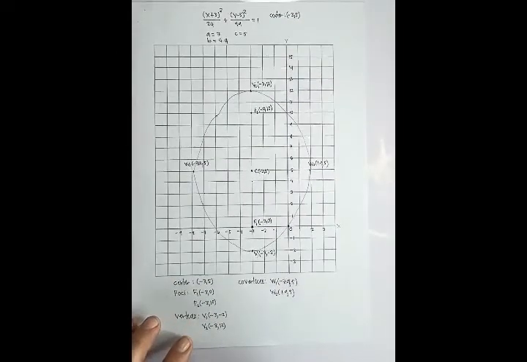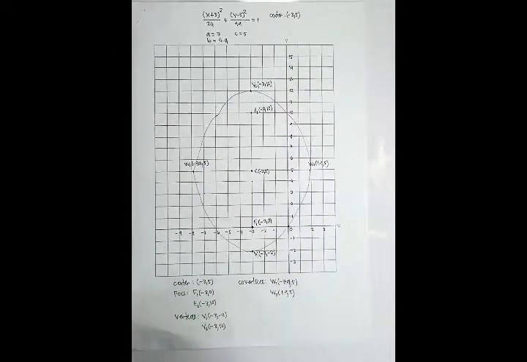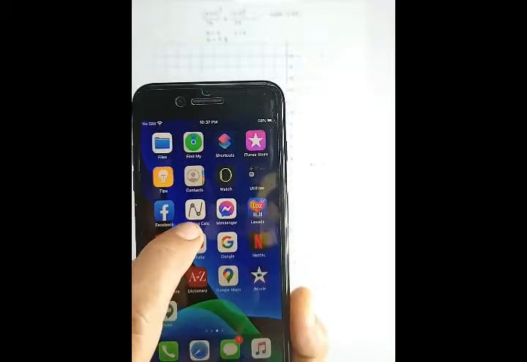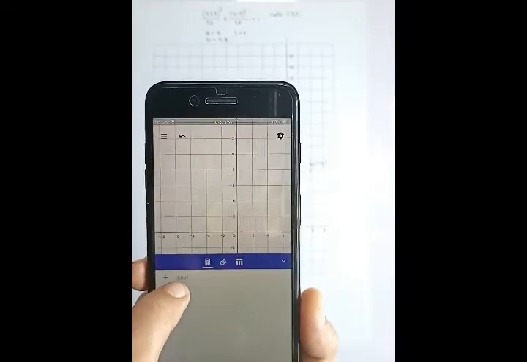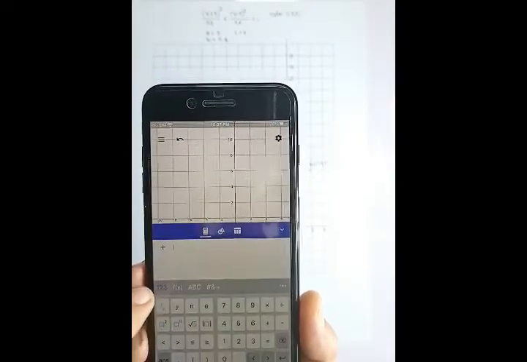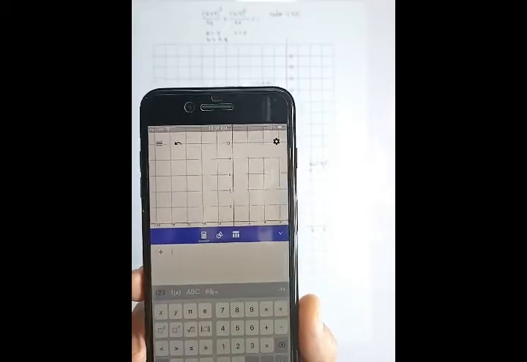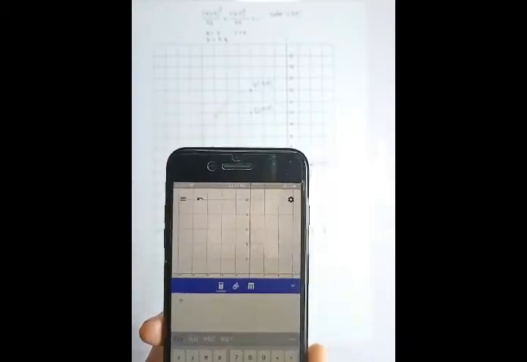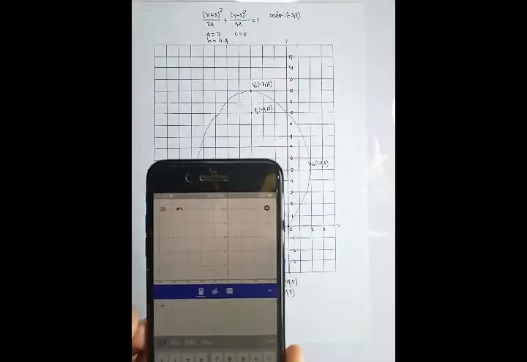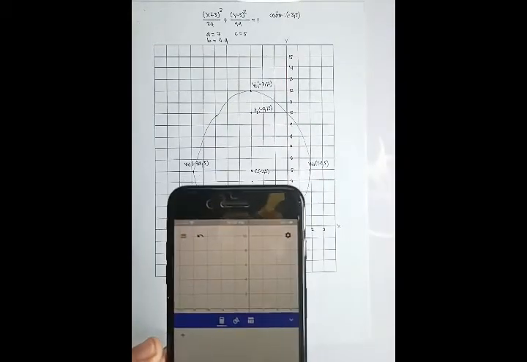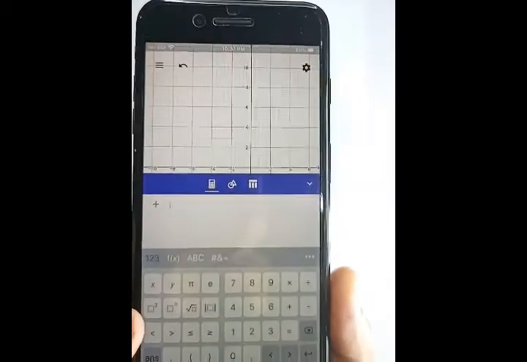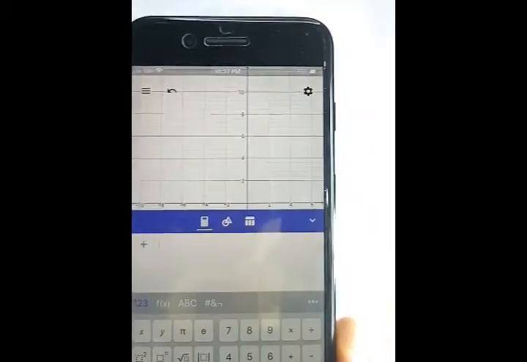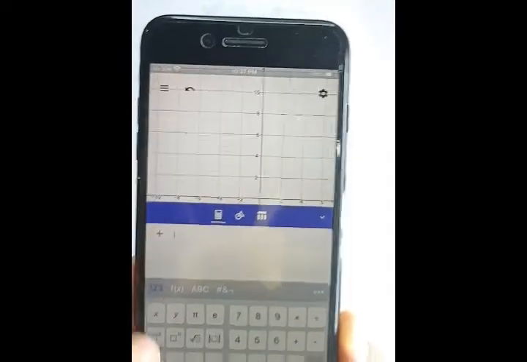Let us now check our solution by using the graphing application. Okay, atong i-input ang ellipse equation nga x plus 3 squared over 24 plus y minus 5 squared over 49 equals 1. So, yun siya pag-input.